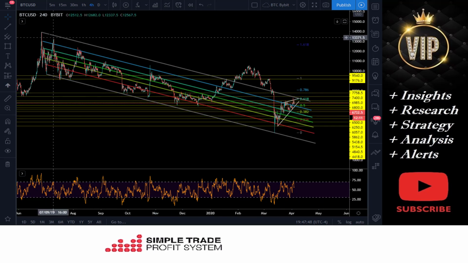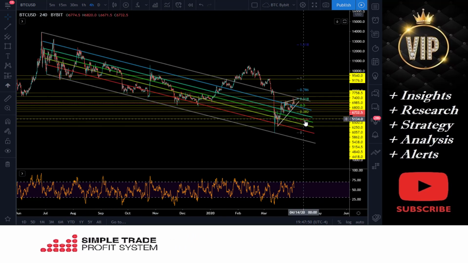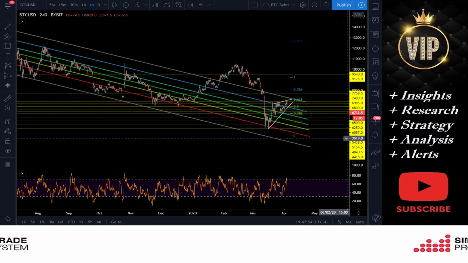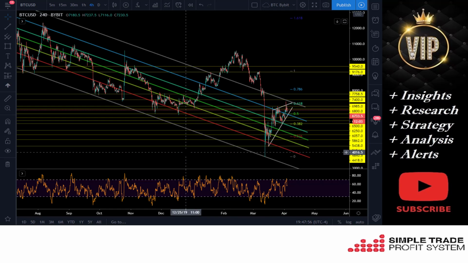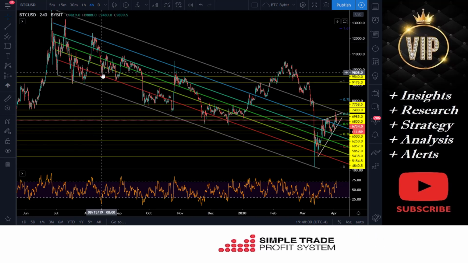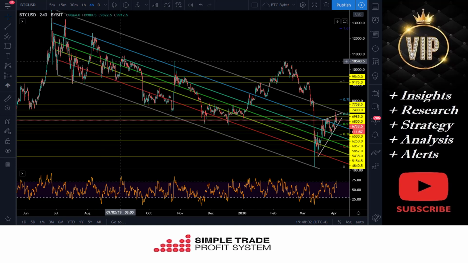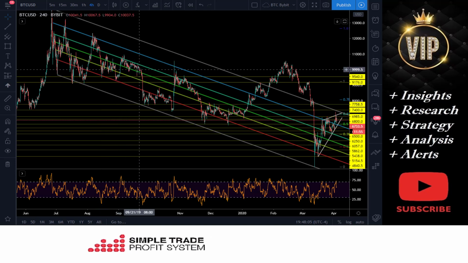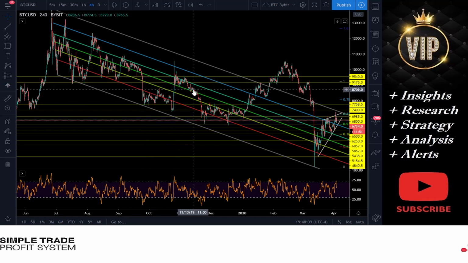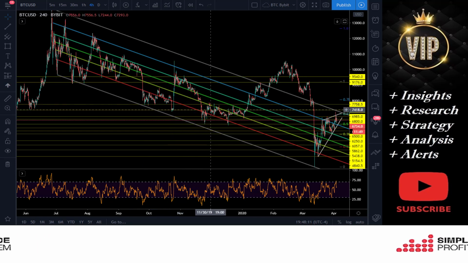We have our lows going through, we have our highs coming down, and it draws these other ones in the middle. And if you look at what happened throughout the past, look at how price reacted to these lines. It reacted here, it bounced off this one, it bounced off this one, it bounced around in between these ones for a while, it bounced off here, kind of used this one as support.